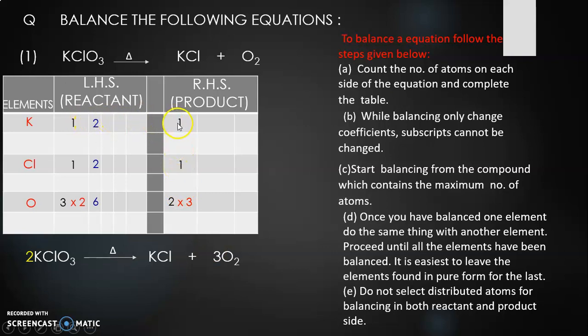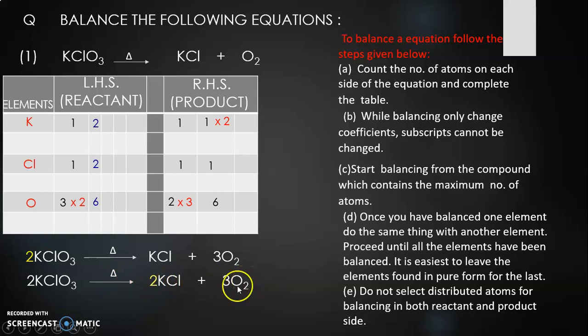We can see that it is twice of that on the product side. So we multiply 1 2s are 2 and we get 2 KCl on the product side. So we again write the equation as 2 KClO3 on heating giving you 2 KCl plus 3 O2.